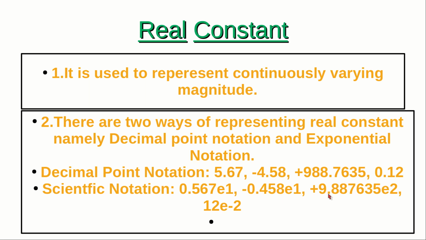Similarly, when you multiply this +9.887635 by 10 to the power 2, it becomes 988.7635. And similarly, when you multiply this 12 by 10 to the power minus 2, it becomes 0.12. So this particular example tells that scientific notation supports both positive or negative unary sign.